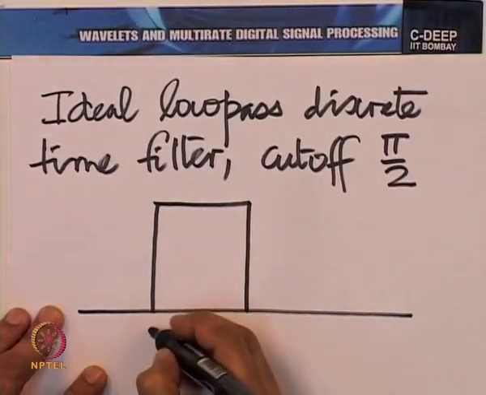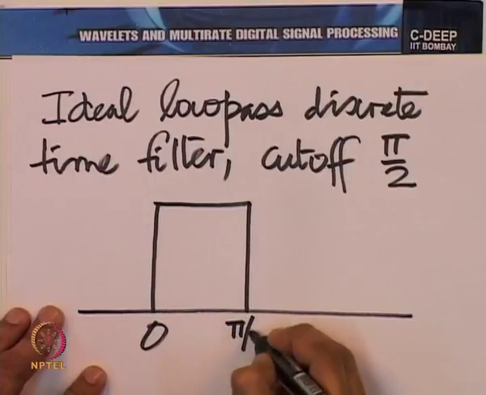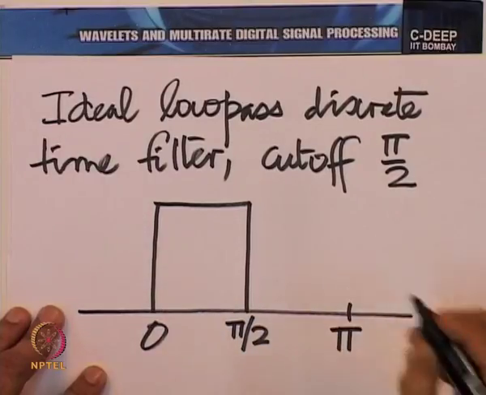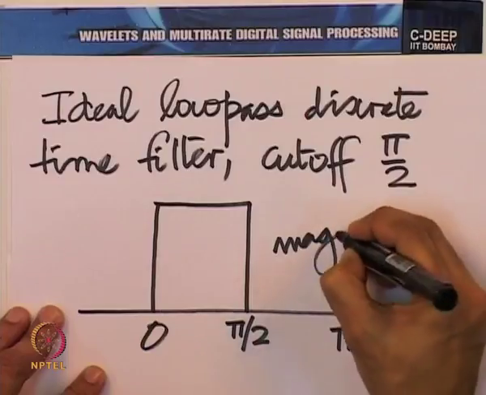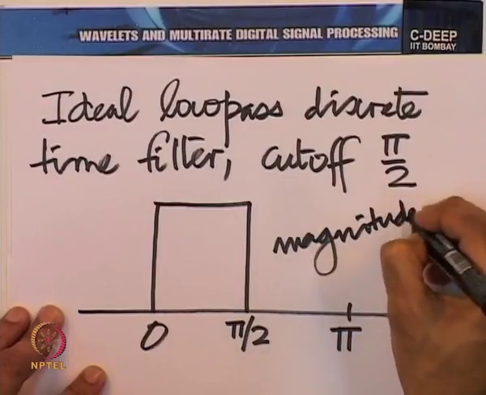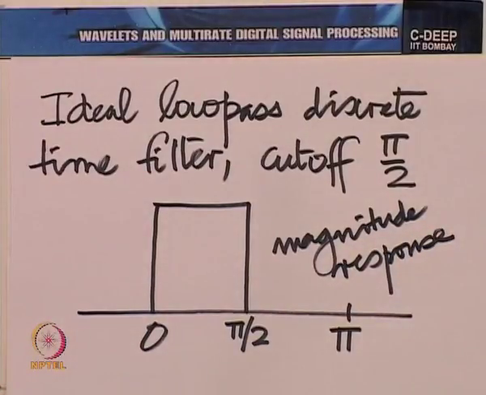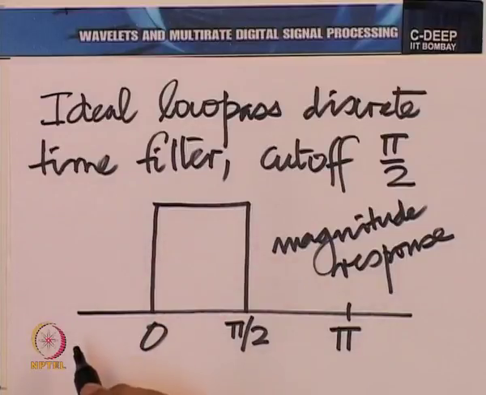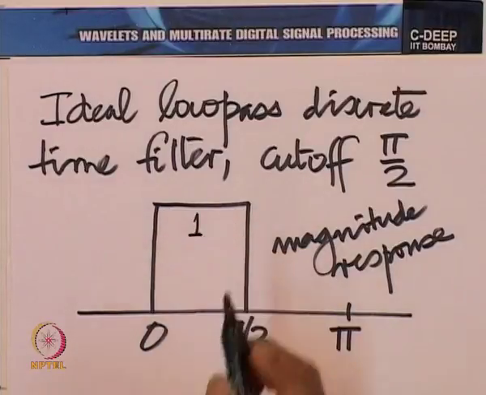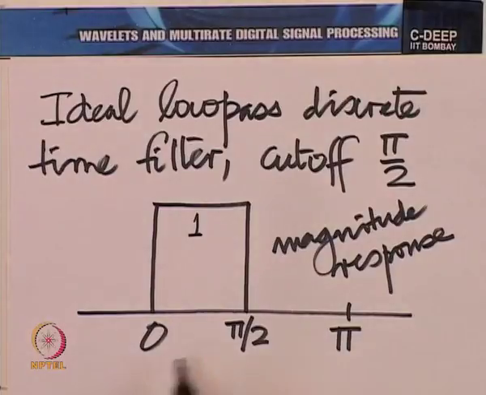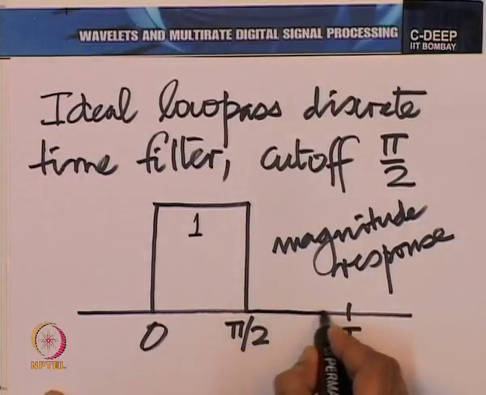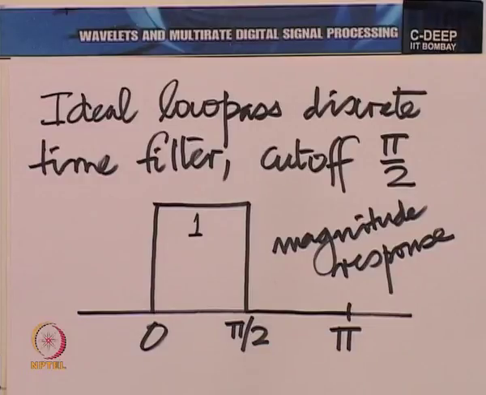It would have a magnitude response that looks like this, and ideally the phase response would be 0. So, the response itself would be 1 between 0 and pi by 2, and 0 between pi by 2 and pi, and of course mirrored between minus pi and 0. So, ideally we would have this magnitude and phase equal to 0.